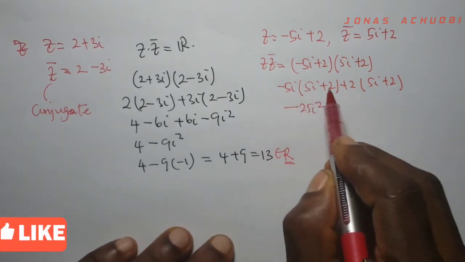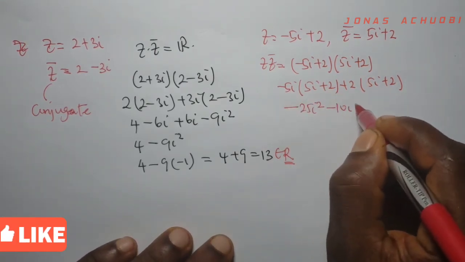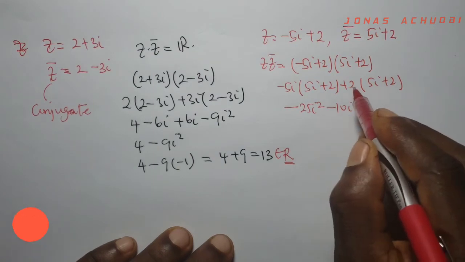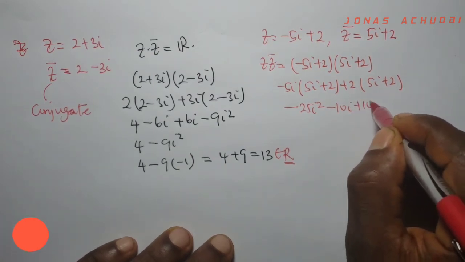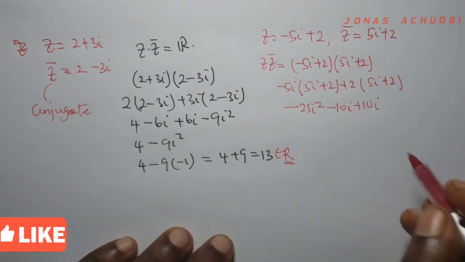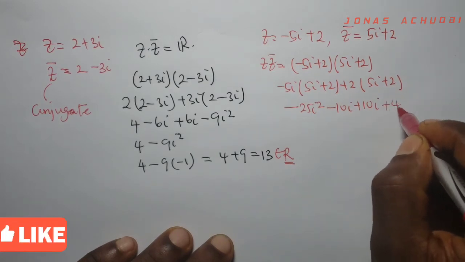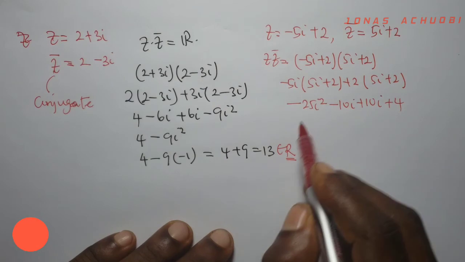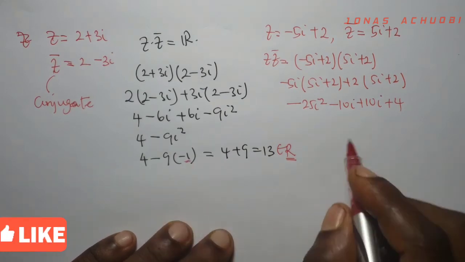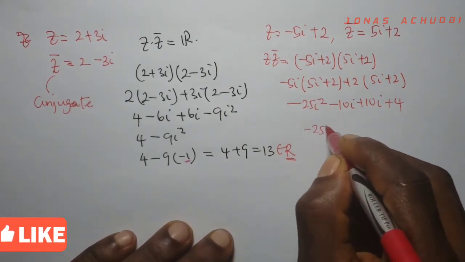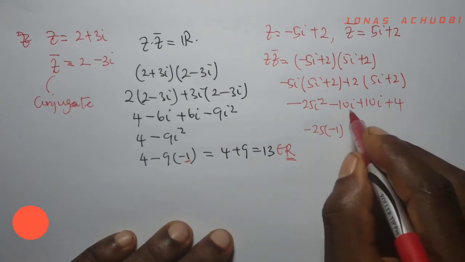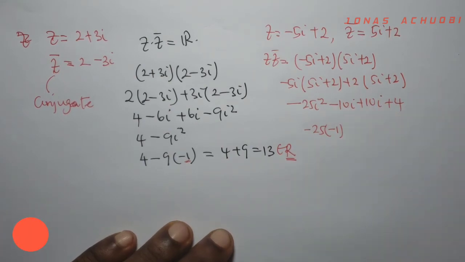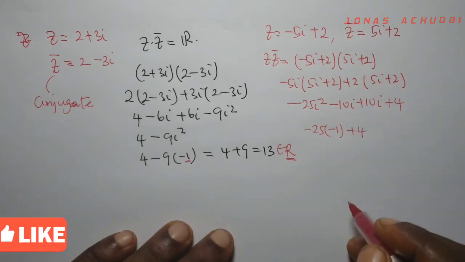Then minus 5i times 2 is minus 10i. 2 times 5i is plus 10i. And then 2 times 2 is plus 4. Again, i squared is minus 1, remember at all times. So this becomes minus 25 into minus 1. Minus 10i plus 10i is 0. What is left there is plus 4.